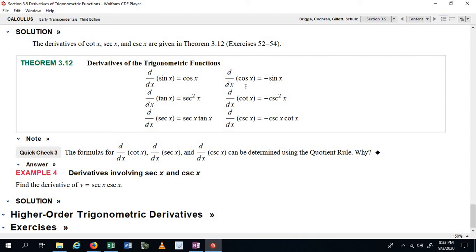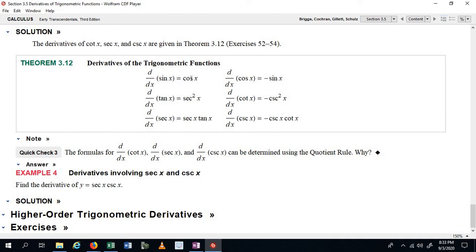When you take the derivative of a cofunction like cosine, notice that you have a minus sign in front of your derivative. So the derivative of sine is cosine. The derivative of cosine is sine, but with a negative sign in front of it because you're taking the derivative of a cofunction, namely cosine.